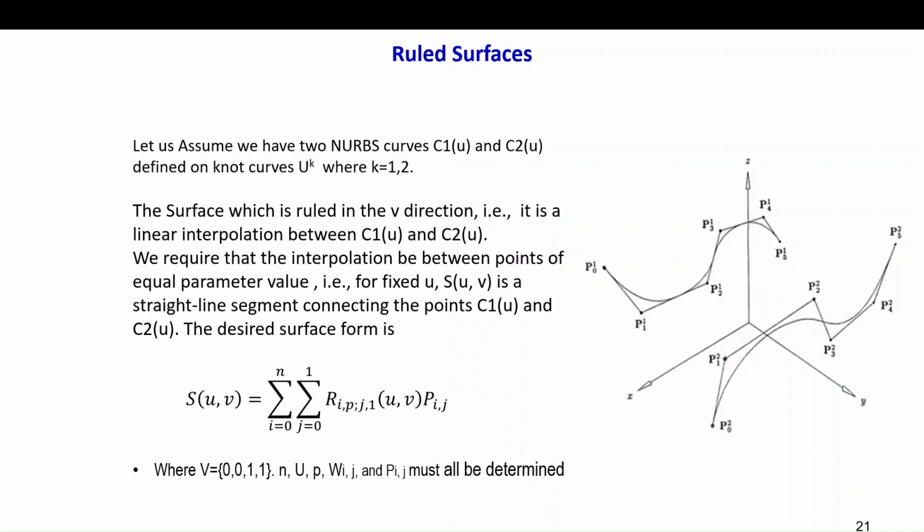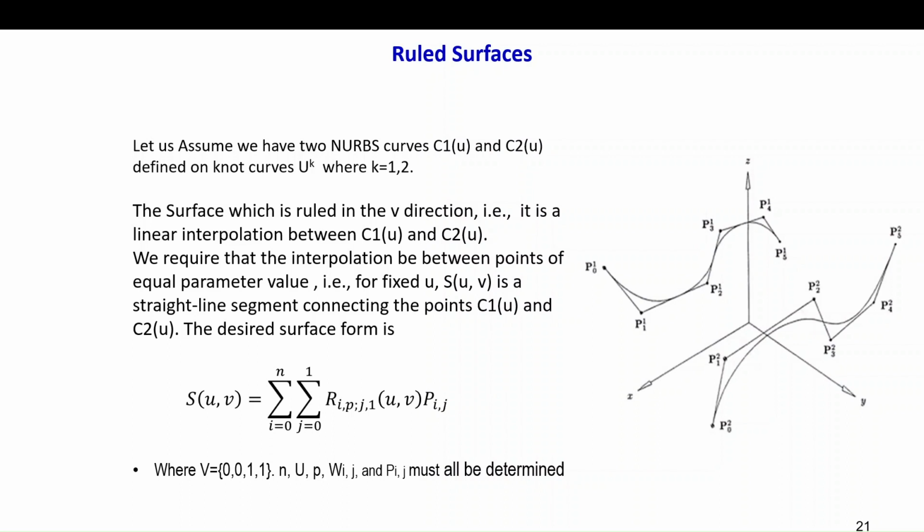So we require this interpolation between points of equal parameter value, and the ruled surface obtained by connecting the points on curve C1 of u and curve C2 of u can be represented in the form of this equation. The desired surface form is S of u comma v equals summation of i equal to 0 to n, summation of j equal to 0 to 1, R i j, P j1 of u, v, P i j.